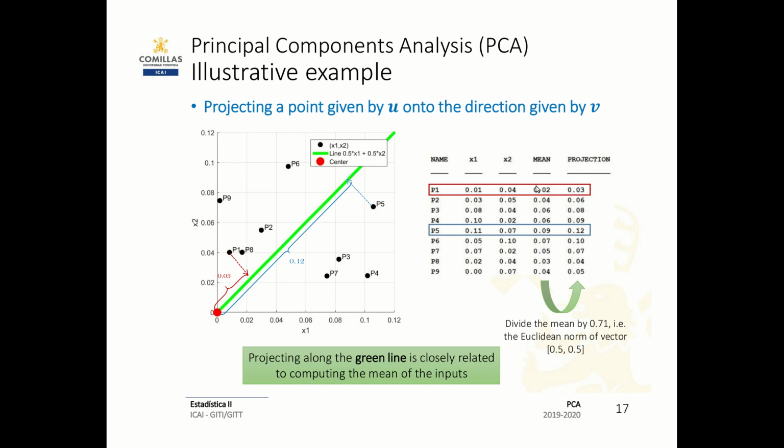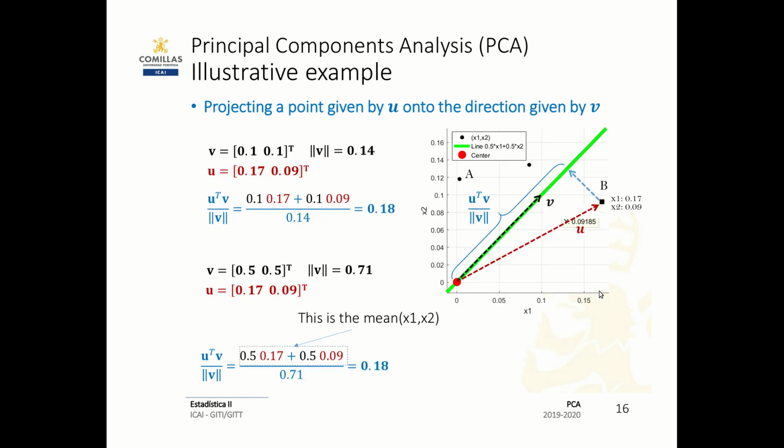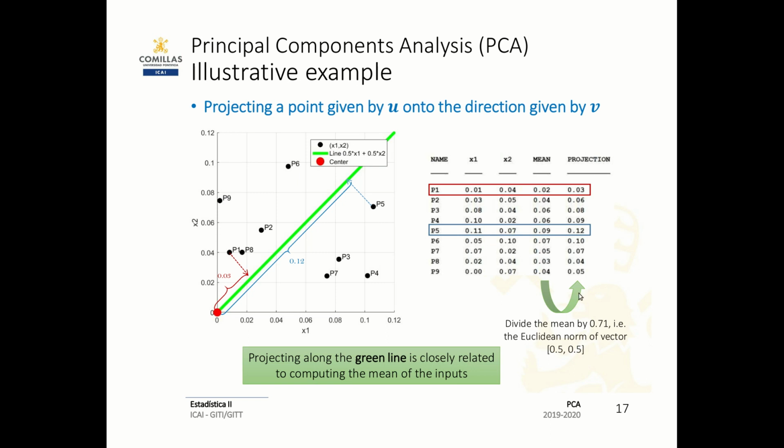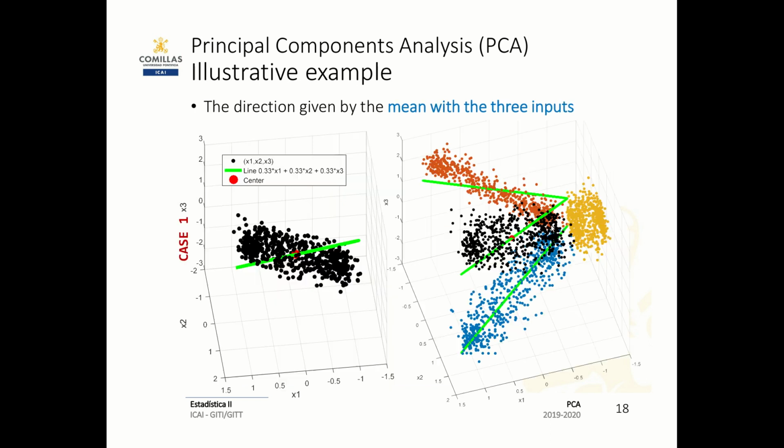The projection and the mean are very much linked to each other. Actually, if we divide the mean by 0.71, which is the norm of v, then we have exactly the projection. So computing the projection and computing the mean is almost the same.